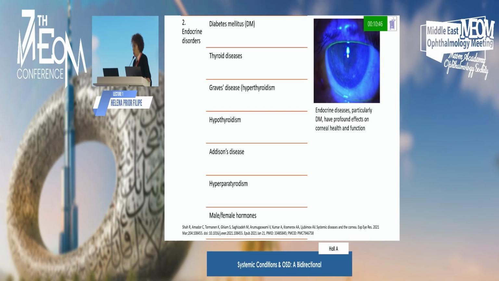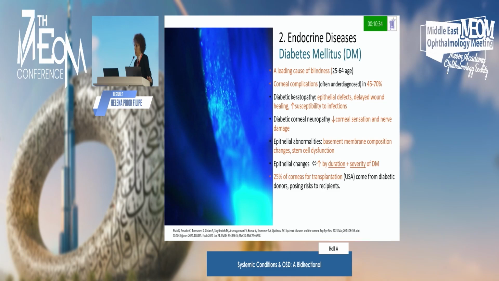Now, the second group would be these endocrine disorders, and we might take a little bit longer looking at diabetes mellitus. Diabetes mellitus is a leading cause of blindness, as we know, especially in these age ranges. The corneal complications are often underdiagnosed, but they are very frequently found if we look for them.